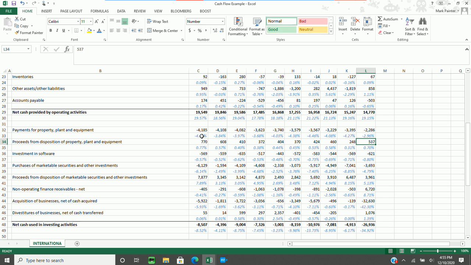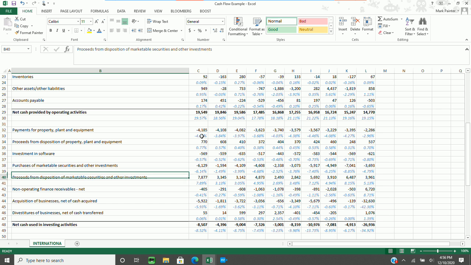It actually dropped down quite a bit in 2019, down to 2.96, but in the previous years, about 4% is what they spend. Then the next here, this one is investment in software. They're not spending too much investing in their software, a little less than 1% of sales. One of the other things here, this is just marketable securities, so we're not going to go through that too much.